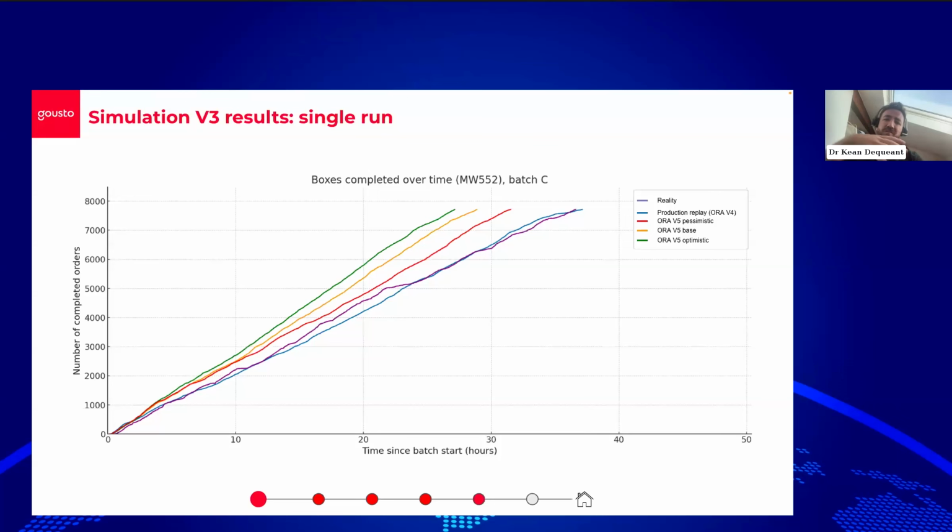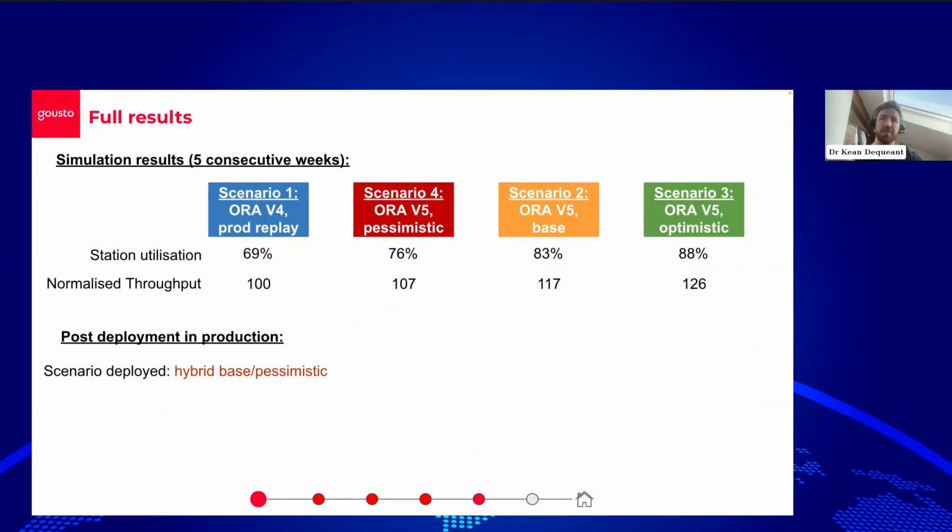We did that over several weeks and averaged out the results, and we were expecting improvements between 7 and 26% in throughput. The other key metric is station utilization, which is correlated in the same way.